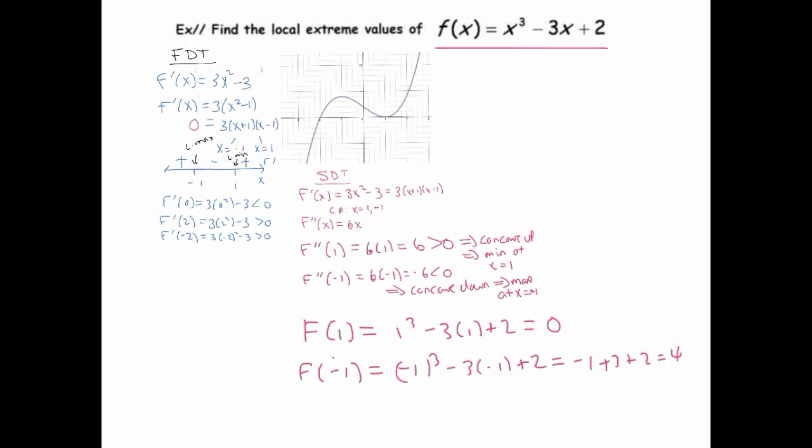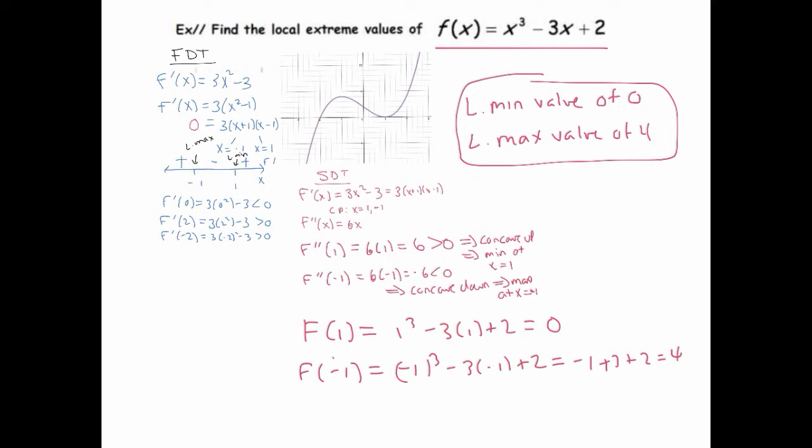So it looks like we would say we have a local min value of 0 and a local max value of 4.